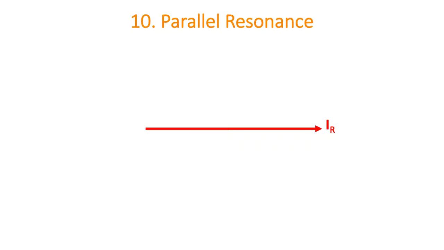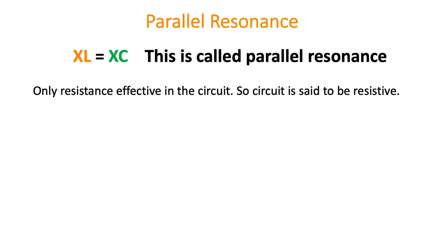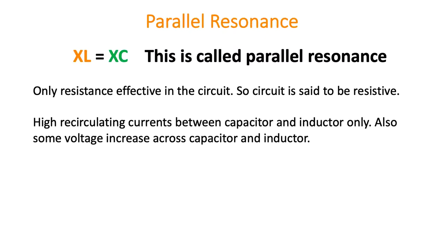Parallel resonance. Here's the phasor diagram for parallel resonance. Only the current through the resistor is operating in the circuit. Again, XL equals XC, but this time it's called parallel resonance. Only resistance is effective in the circuit, so the circuit again is said to be resistive. You get high recirculating currents between the capacitor and the inductor only.